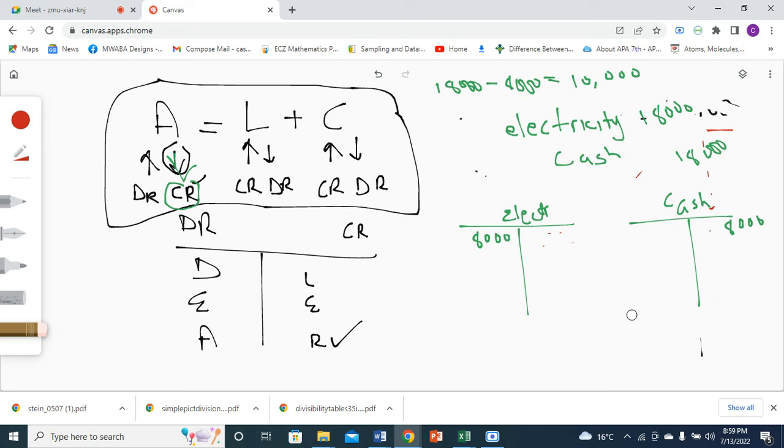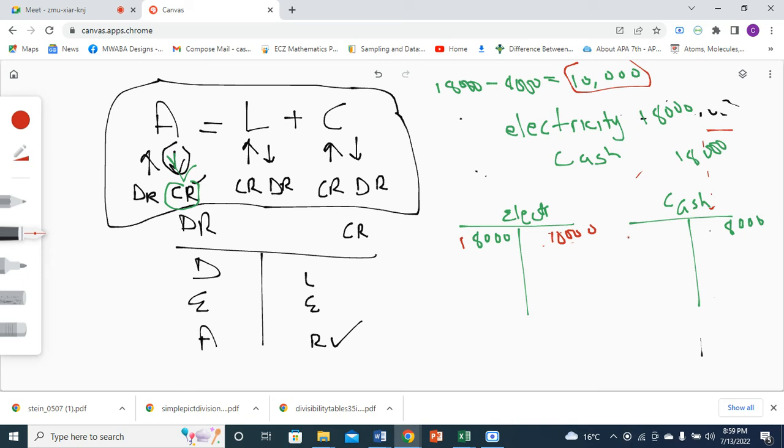All right. So for overcast payments, you need to decrease them. And how do you decrease it? You put the amount which it needs to be decreased by on the opposite side. So for electricity, it was overcast by 10,000, it had to be 8,000. That's why we credited it 10,000, so that we can get rid of the excess and remain with the correct amount.